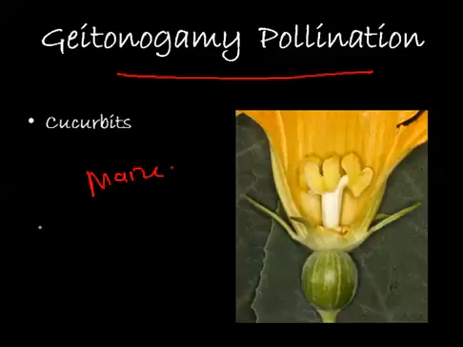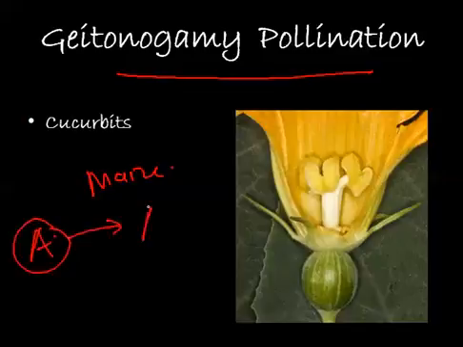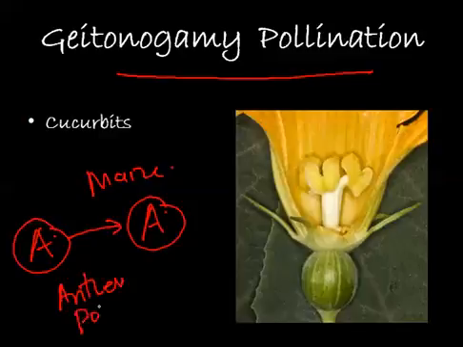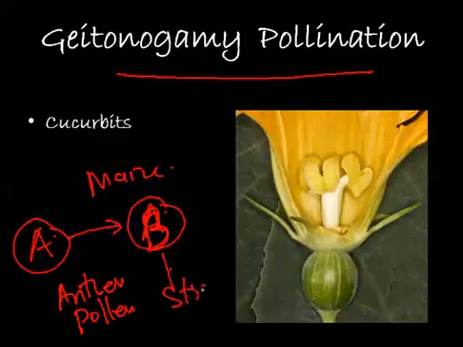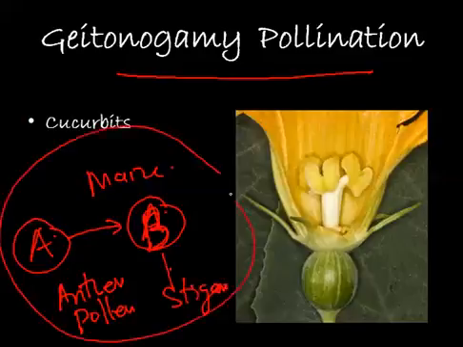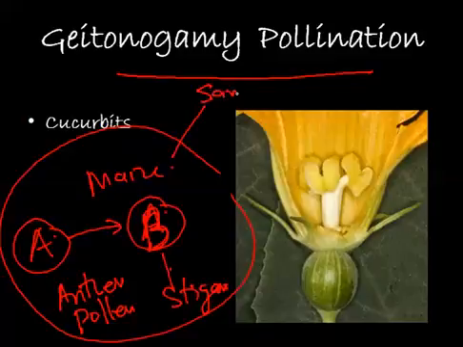Like pollen from flower A will fall on flower B's stigma, but that happens in the same single plant. That's the crux of it. Like in the case of Cucurbitaceae and maize, we see this situation in this type of plants.